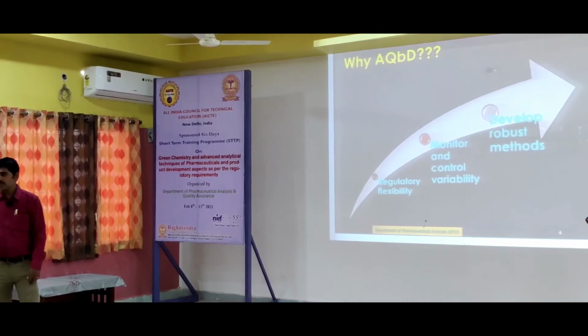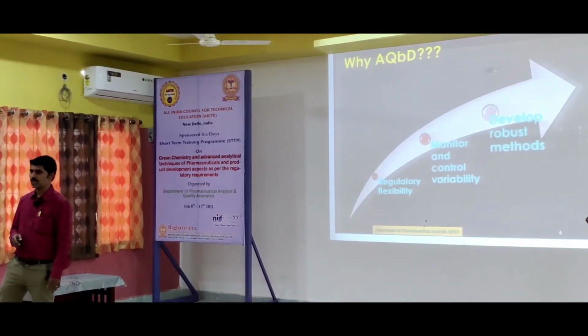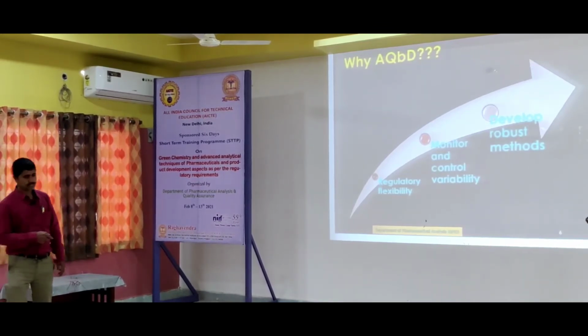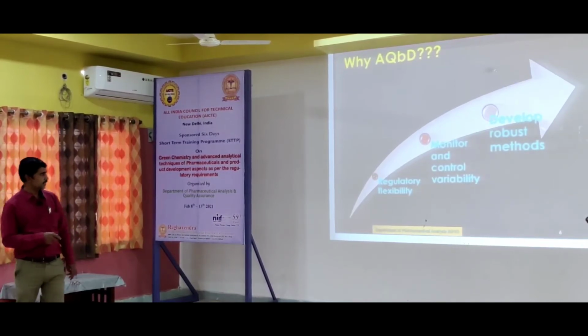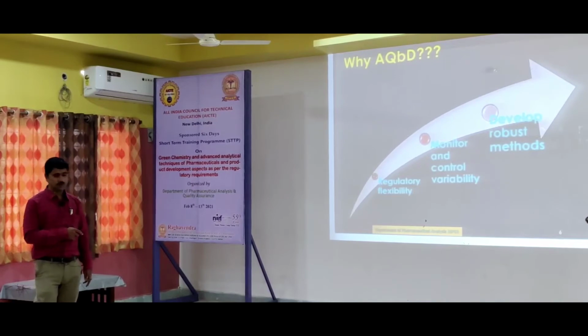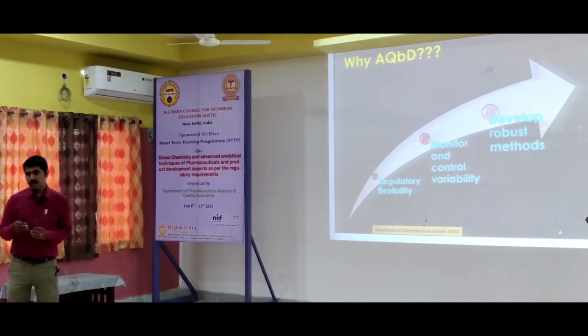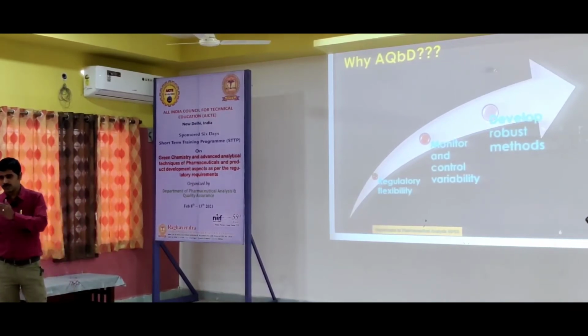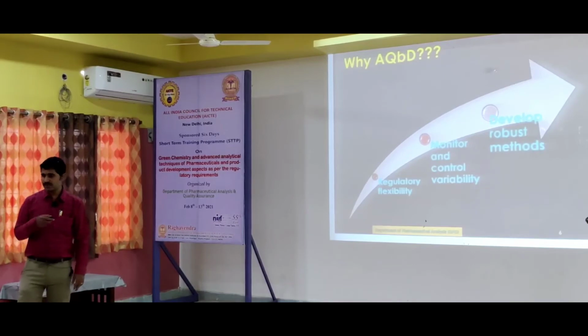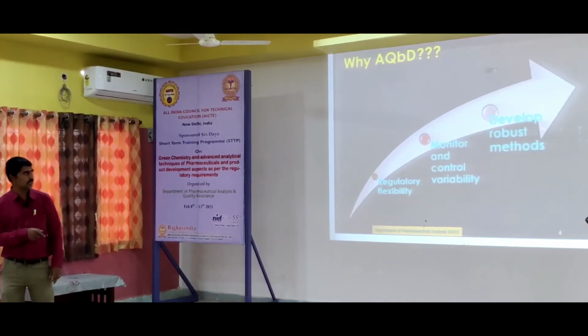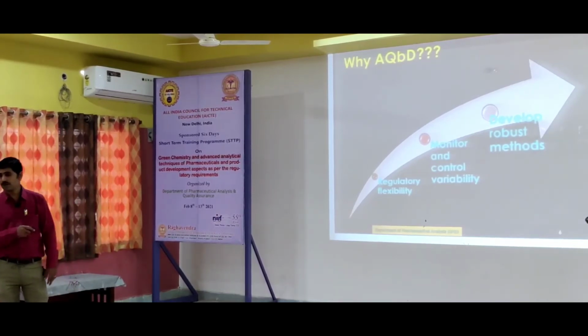You might know ICH Q13 is for this QbD, and to monitor and control variability. So we can monitor throughout the process. Suppose some problem comes up, where the problem came from, we can monitor easily, and develop robust methods. That is a very important parameter of AQbD.